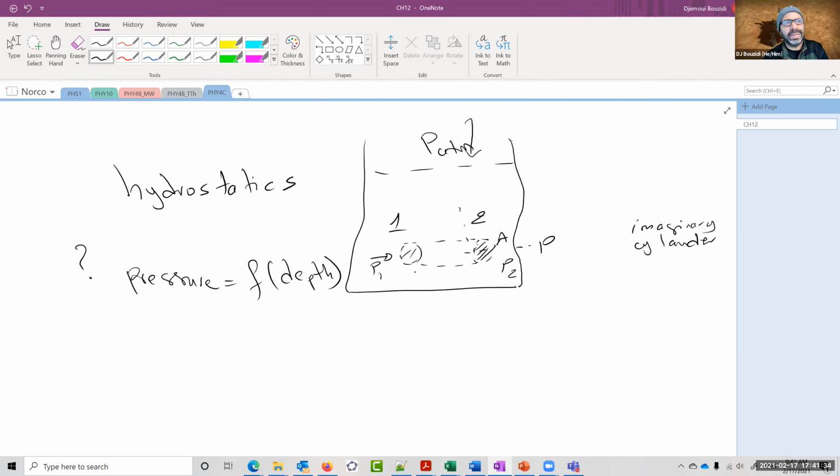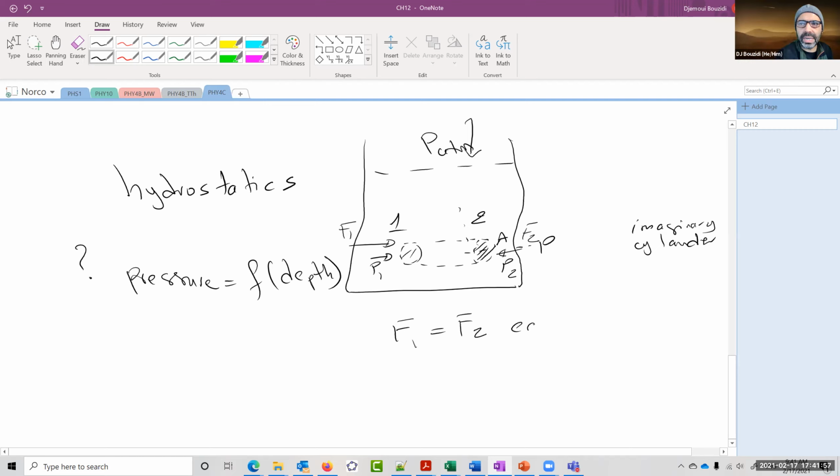This fluid is hydrostatic. It's not in motion at all. So the sum of the forces must be zero. The force on side 2 from this part of the fluid must be compensated by the force on this side from the other part of the fluid. So F1 is equal to F2, because it's in equilibrium, it's not going anywhere. Because it's hydrostatics, it's not in motion.